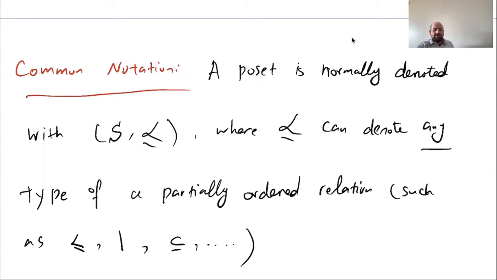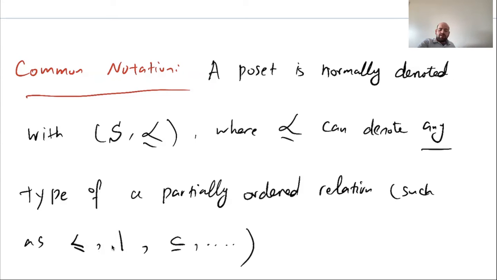Okay, so this could be a little bit confusing. This is a curly less than or equal, meaning that it's just a notation. It could be any type of partially ordered relation. One important example of a partially ordered relation is less than or equal, and the main features of a partially ordered set are common with the main features of the standard less than or equal.